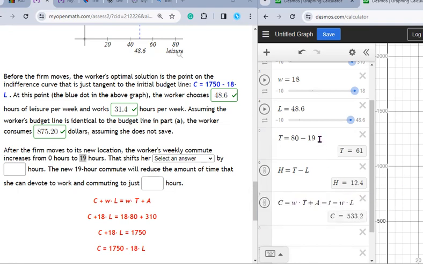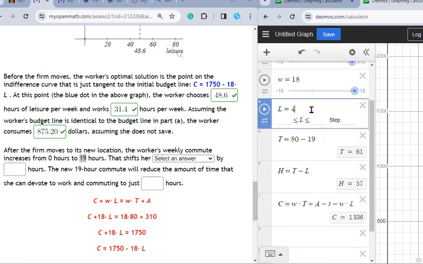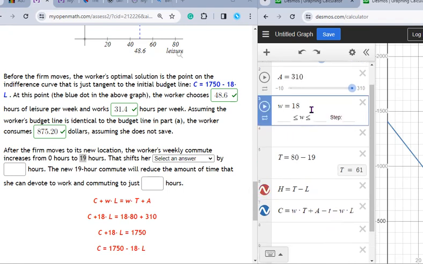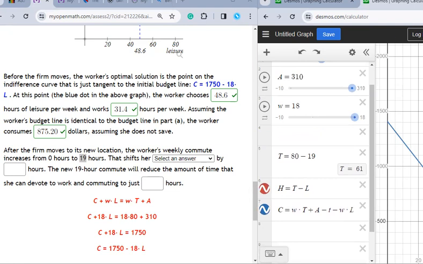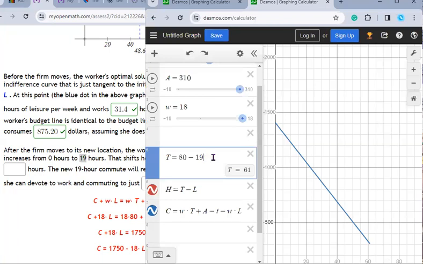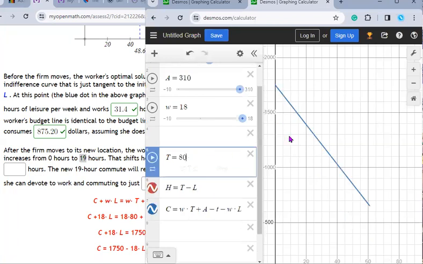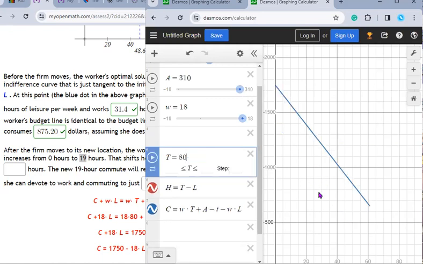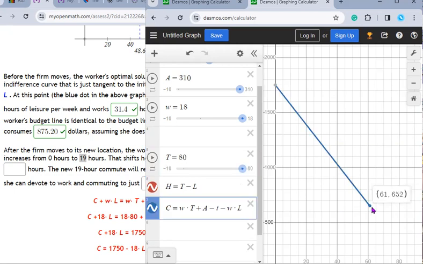Okay. Now, what does that do to the budget line? Let's look at it. Before the company moves, the budget line's there. This point here represents her endowment point.